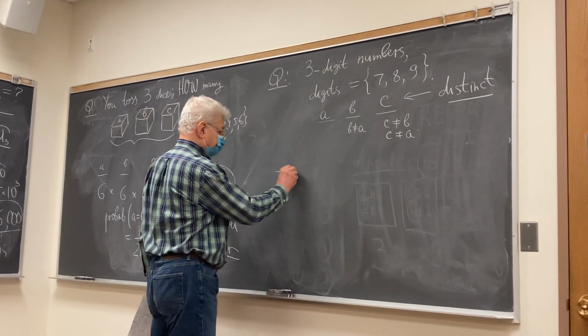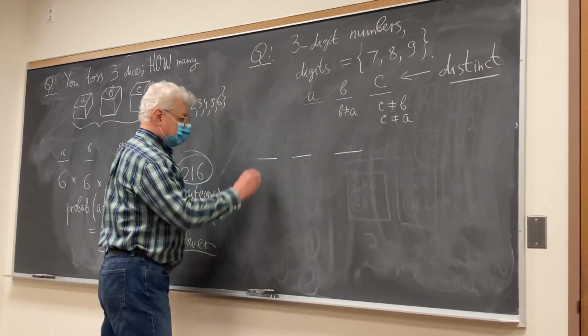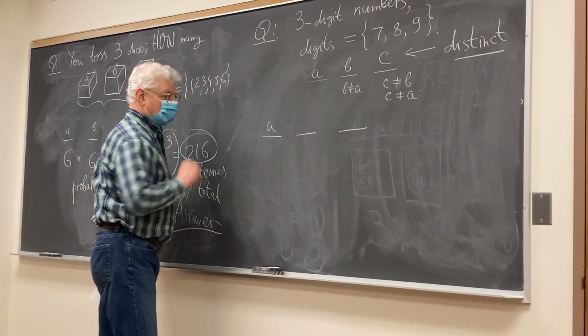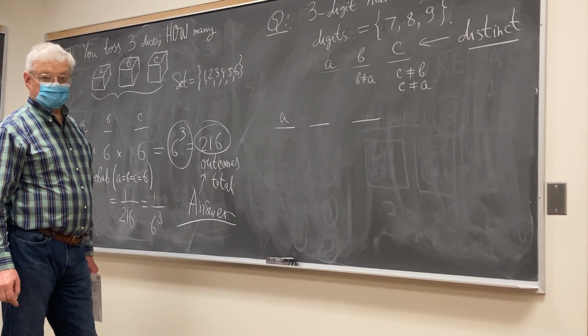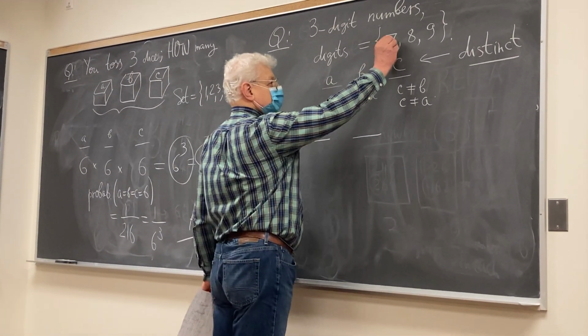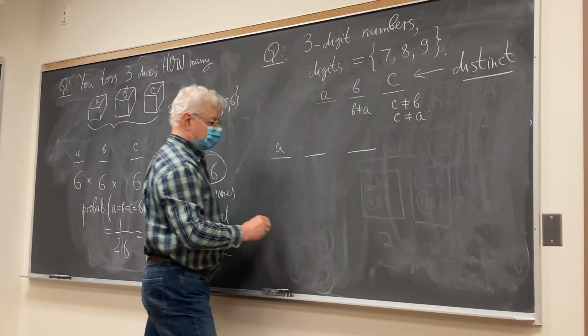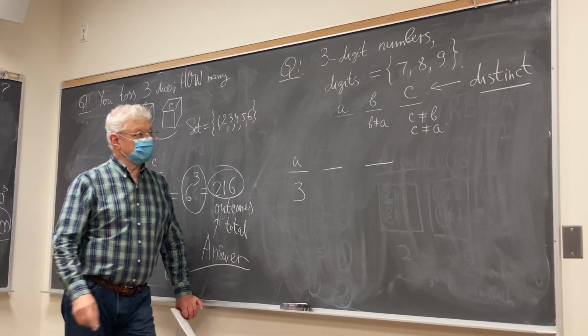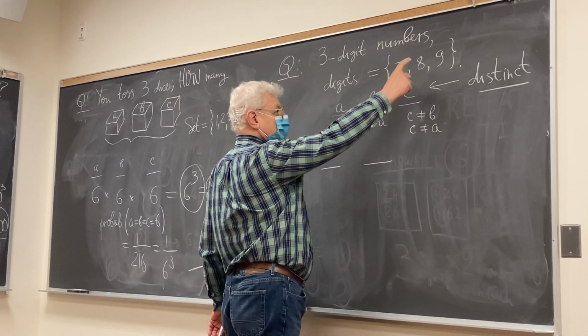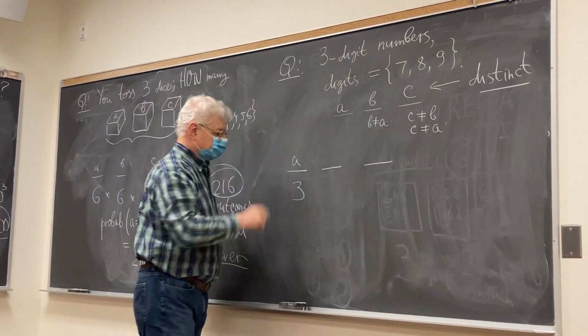Let's start with A. How many possibilities to pick the first digit? Either this or that or that. So 3 possibilities. Got it? Either 7 or 8 or 9.